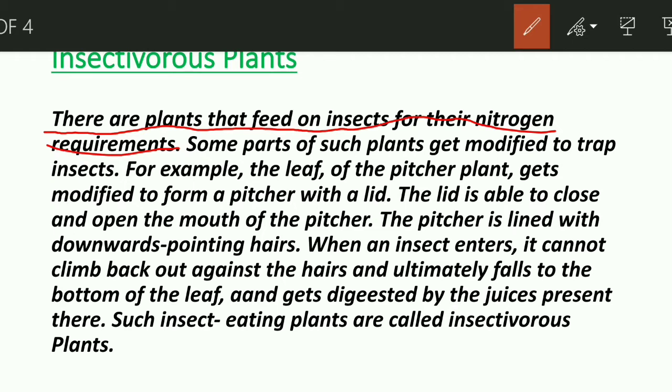They have to convert it into nitrates, and this process of conversion of nitrogen into nitrates is known as nitrogen fixation, and is done by a special bacterium called Rhizobium present in the roots of leguminous plants such as peas, etc. Okay, so there are some plants that are leguminous but they lack the presence of Rhizobium bacteria. One such example is the pitcher plant.